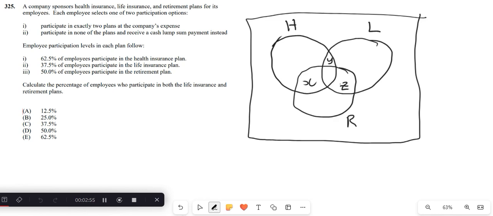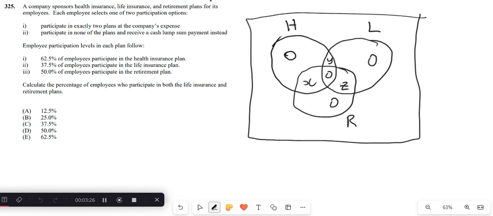So the probability that a person participates in only the health plan is 0. The probability of a person participating in all three plans is 0. The probability of a person participating in only the life insurance plan is 0, and likewise for only the retirement plan, that's 0.